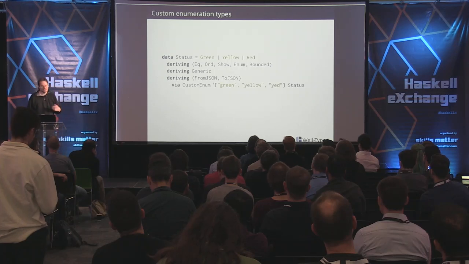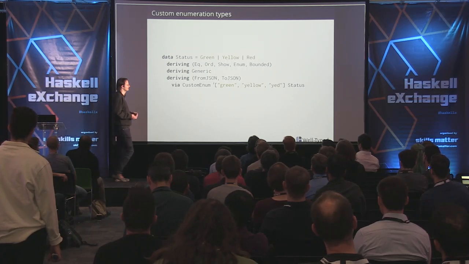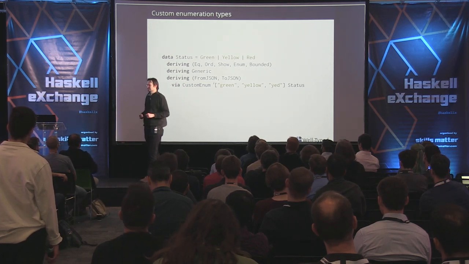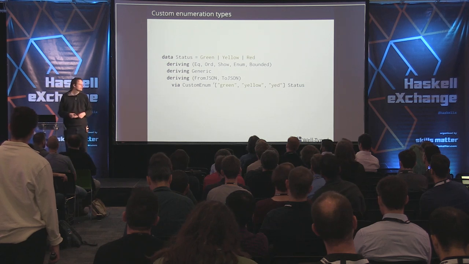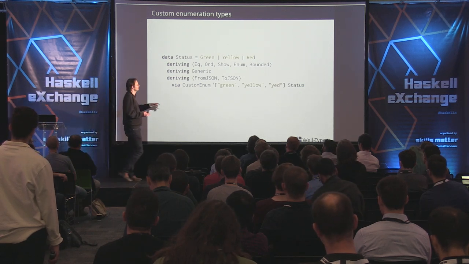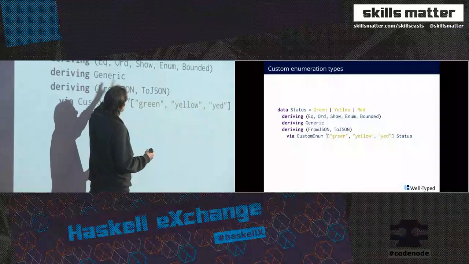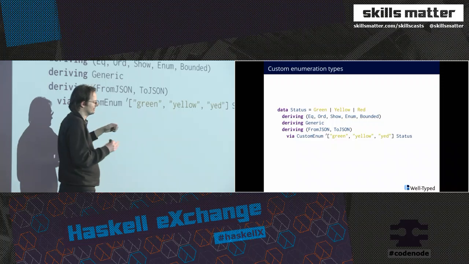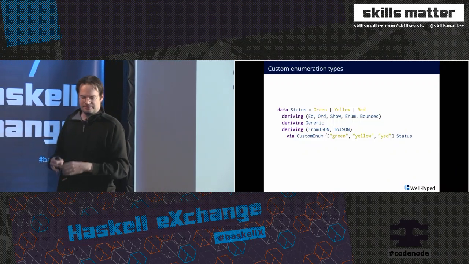And it will actually give you an error message if you are not putting exactly the right number of strings in here, right? If you put too few strings in there, you'll get an error message, if you put too many in there. You can argue, okay, it's still possible to accidentally flip them, but they're close to each other, and you could even fix that, but then you would probably have to repeat the other name and say, I want to map capital Green to lowercase green or something like that.